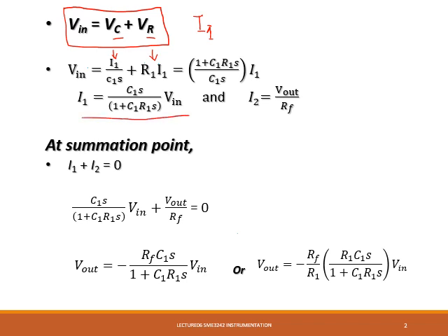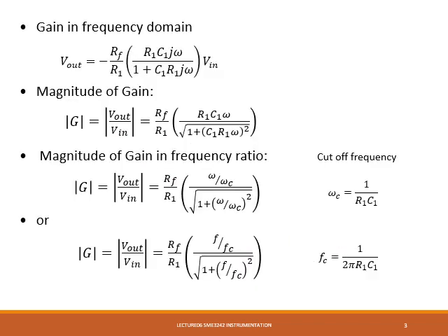This is the equation for I1, and this is the equation for I2. Using I1 plus I2 equals 0, we'll be able to solve for Vout here. Again, we replace S with j omega. All the terms S are replaced with j omega.